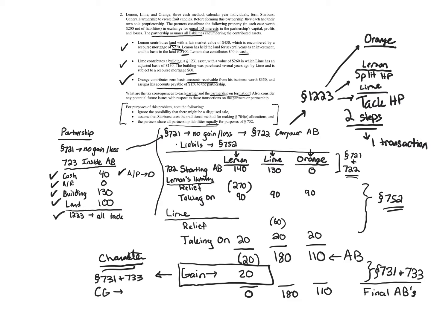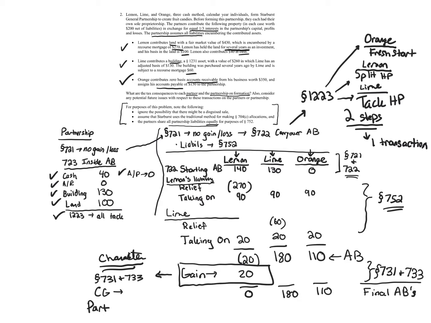Well, part of Lemon's holding period is tacked, so we can add on several years, right? But then some of it's fresh start because it's cash. So because Lemon has a split holding period, part of the $20 of capital gain is going to be short-term and part's going to be long-term.